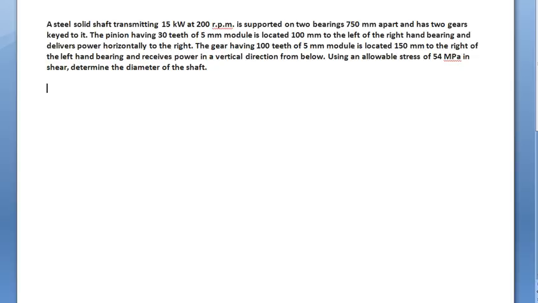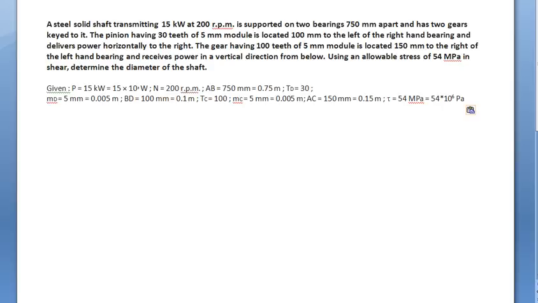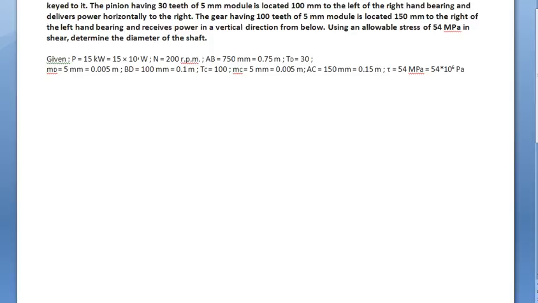So first we have to understand the problem carefully. Now the given data is P equals 15 kilowatt, N equals 200 rpm, AB, that is the distance between two bearings, is 750 mm, TD is 30, that is teeth of pinion is 30, module of pinion is 5 mm, PD is 100 mm, TC, teeth on gear, is 100 and its module is 5.